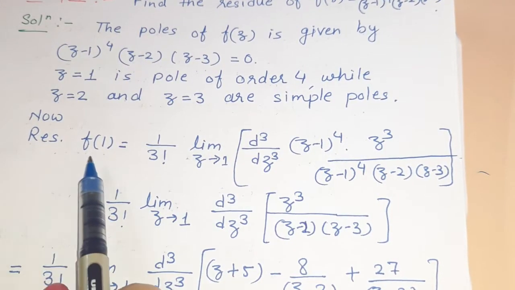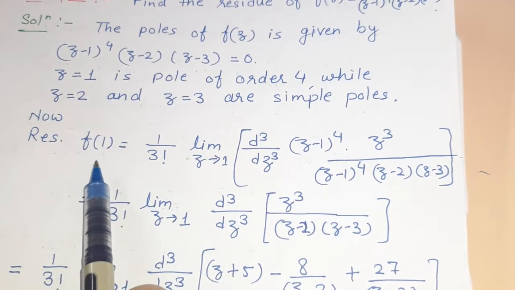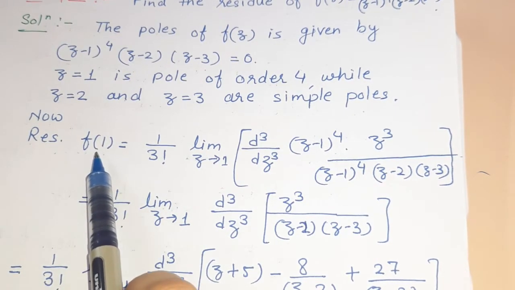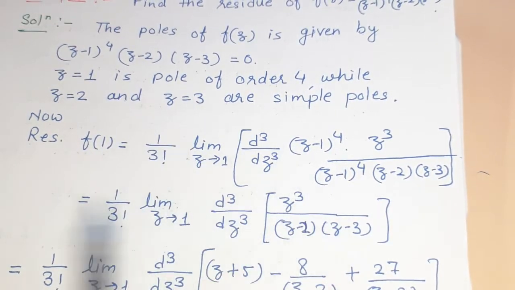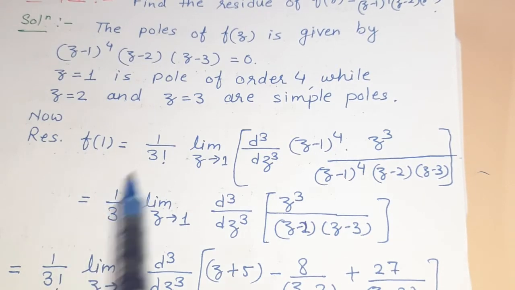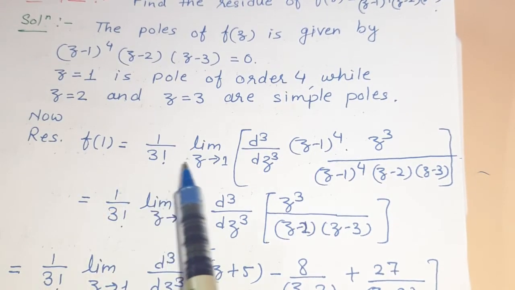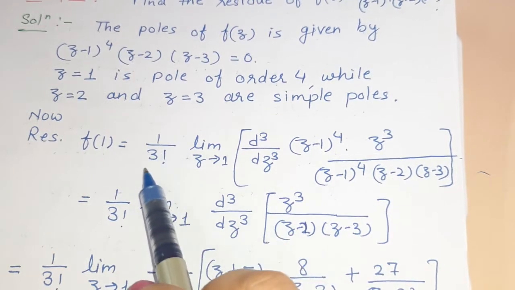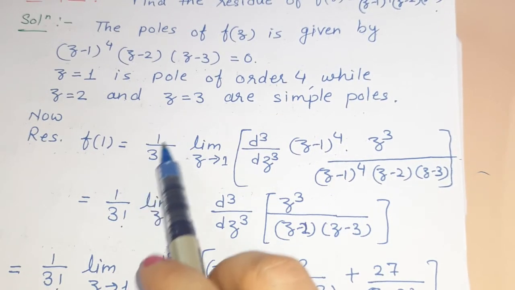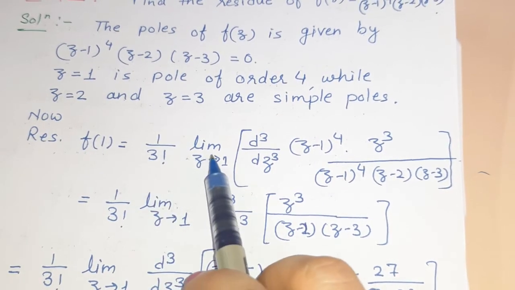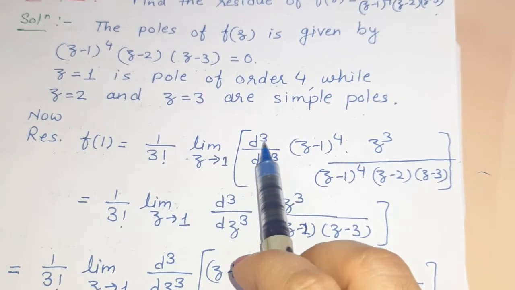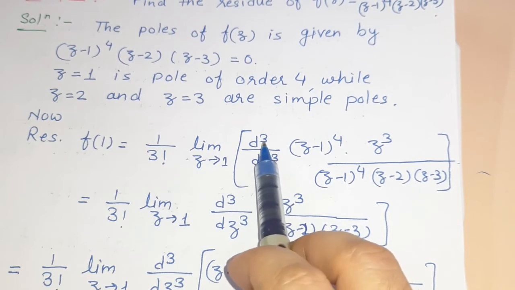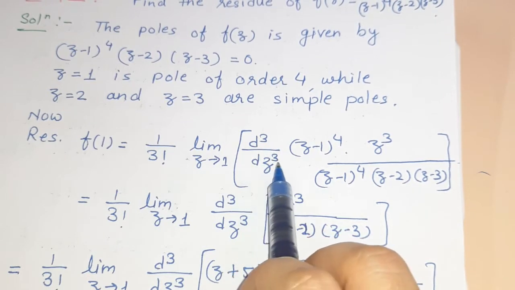So the residue at z is equal to 1. Here a is equal to 1 and n is equal to 4. We put the values in the formula for the residue at a higher order pole. We'll get 1 by factorial (n minus 1), that means 1 by factorial 3, limit z tends to a, that means limit z tends to 1, and d^(n-1) divided by dz^(n-1).